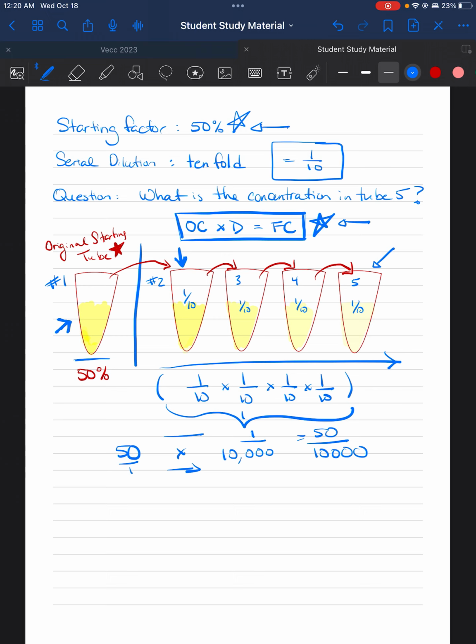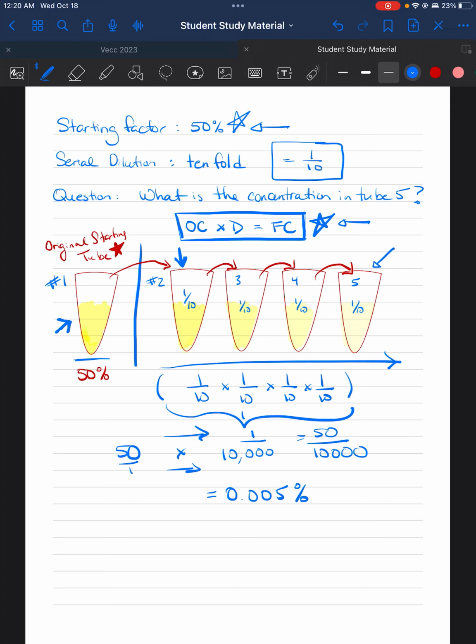Then you go 50 divided by 10,000, and that's going to give us our new 0.005%. We're keeping it as a percent because I didn't make our whole number of 50 into a decimal. I left it as a whole number and just carried it over. So 50 became 50 over 1 as a whole number, multiplied by 1 over 10,000, giving us 50 over 10,000, and dividing 50 by 10,000 gives us 0.005, and then percentage.